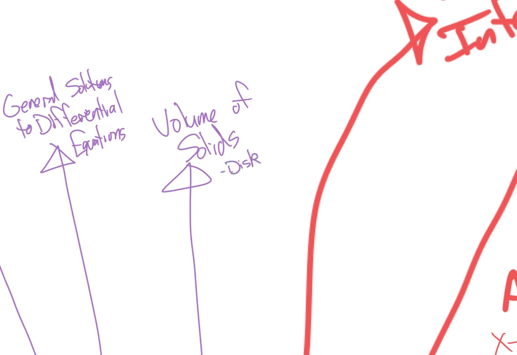We're going to do the disk method, the washer method, and by cross sections. Now something that we're going to write here, it'll make more sense when we do. We can do the volume of solids with regards to x or with regards to y.